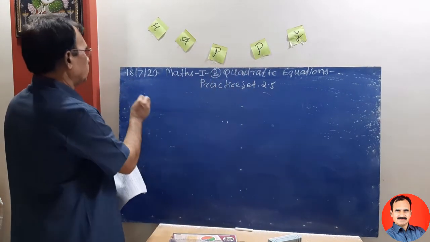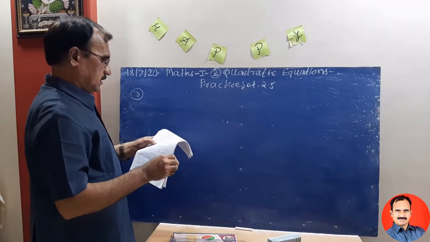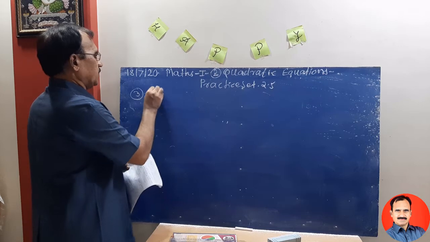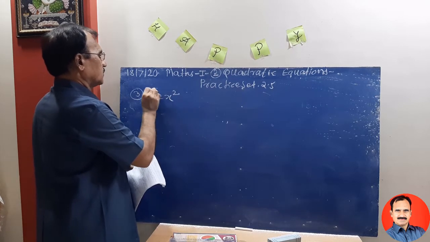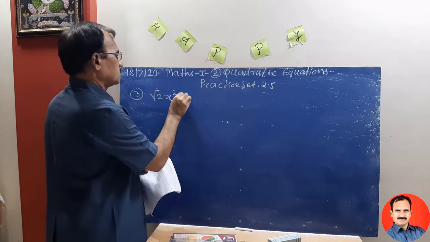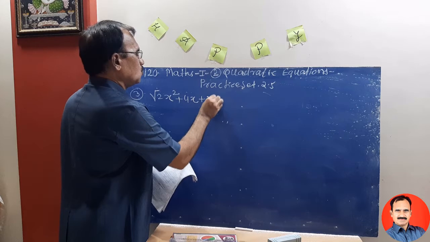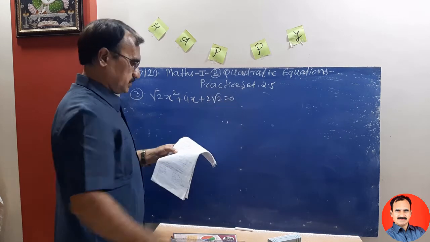Third example, second try to solve yourself. Root 2 x square plus 4x plus 2 root 2 is equal to 0.